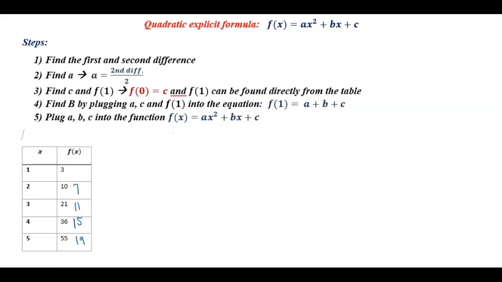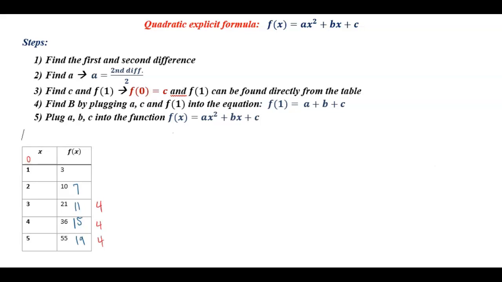What do I add to 7 to get 11? That'll be 4. What do I add to 11 to get 15? That'll be 4. What do I add to 15 to get 19? That'll be 4. So this is a quadratic function. Because I'm going to need the 0 term, let me do it now.